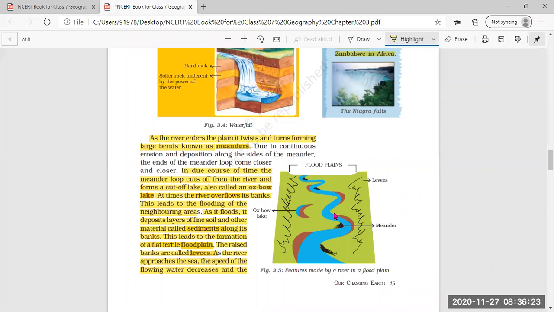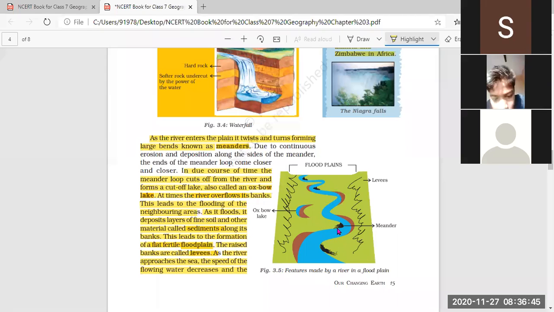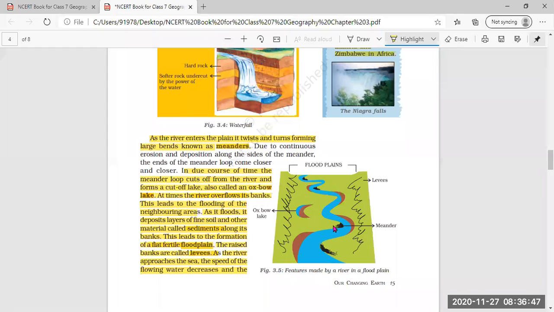Wherever the speed of the river slows down, the ends of the meander loop come closer to each other, and after some time, it takes the form of a cutoff lake.